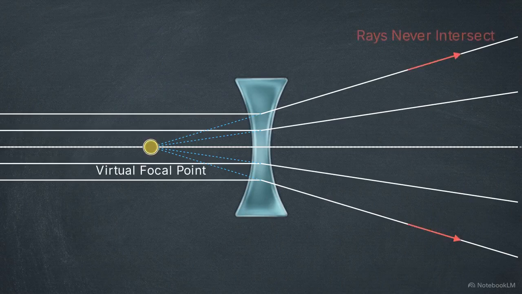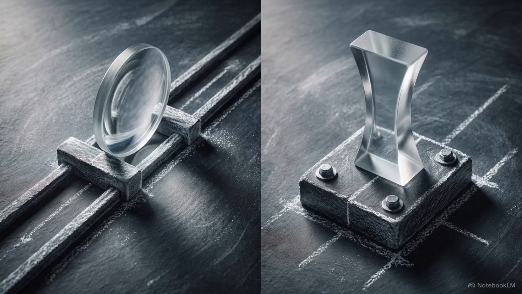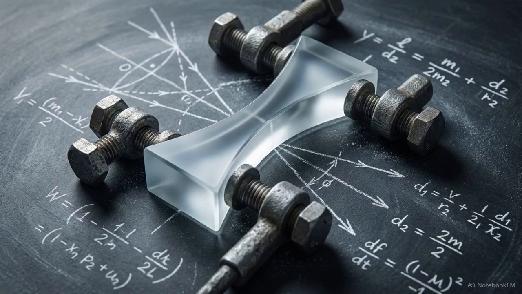Because the physical light rays are constantly moving away from each other after they pass through, they never physically intersect. It doesn't matter if you place an object an inch away or a mile away from a concave lens. It will consistently produce a smaller, upright virtual image. A convex lens is distance-dependent. A concave lens is entirely rigid. It follows one strict rule, giving you a diminished, upright illusion every single time.